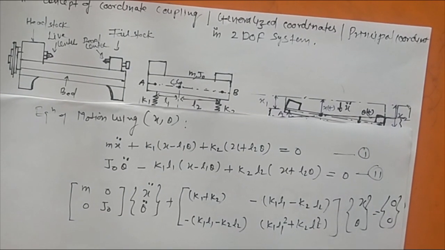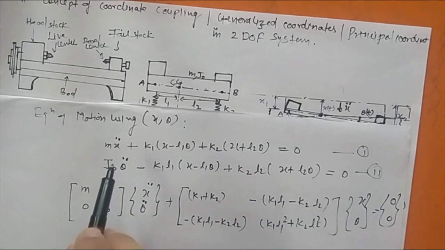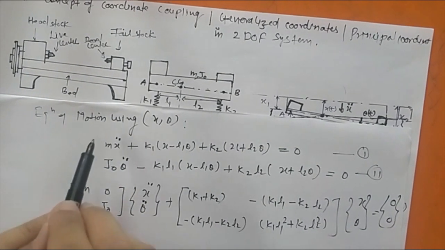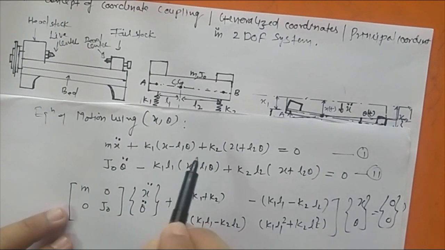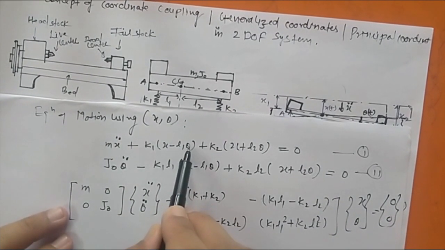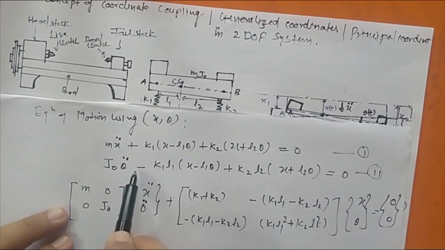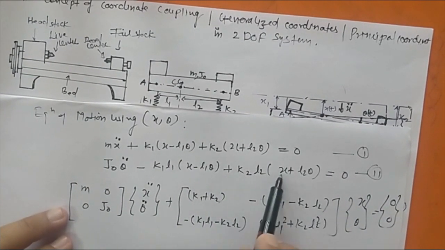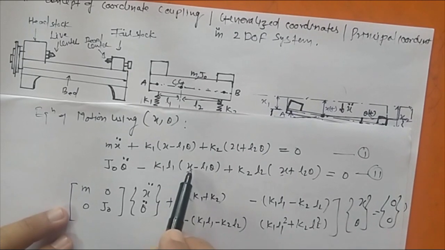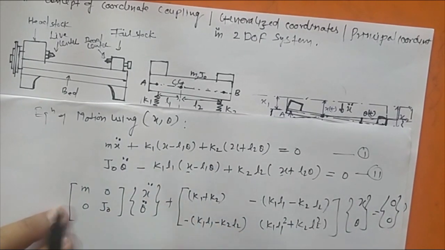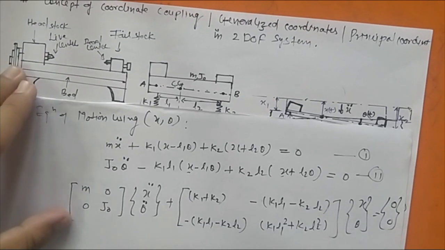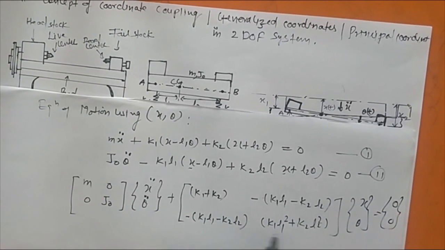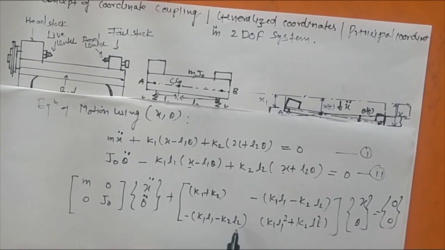From here we can see both of the equations are coupled, because in the first equation there is a theta, and in the second equation, which is for the rotational degree of freedom, there is an x. So we can say these two are coupled equations, and we can also see this stiffness matrix is a non-diagonal matrix.